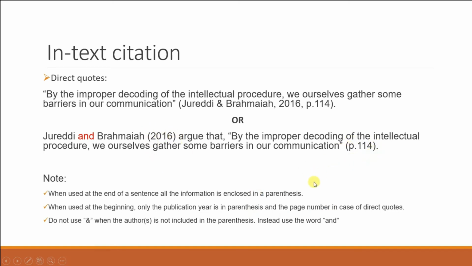As you can see, in the case of direct quotes it's also in the parentheses, but the page number appears at the end. Then the last thing is, do not use the ampersand and when the author is not included in the parentheses. Like in this case, when they are not in the parentheses, do not use the ampersand.